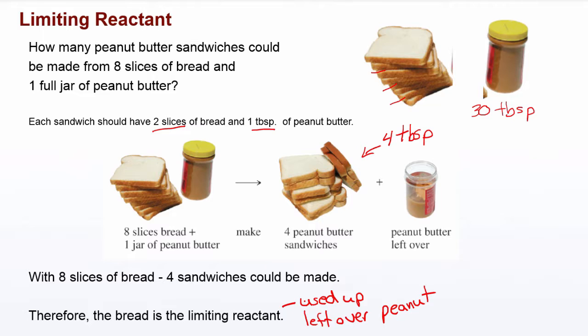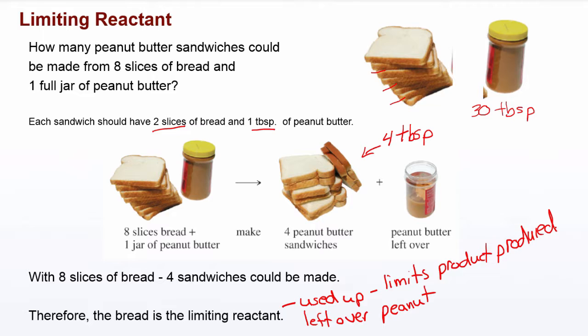The reason that we call it the limiting reactant is the bread actually limits how many sandwiches we could make. So the limiting reactant's used up, and it limits the amount of product that's produced. And our product here is our peanut butter sandwiches.